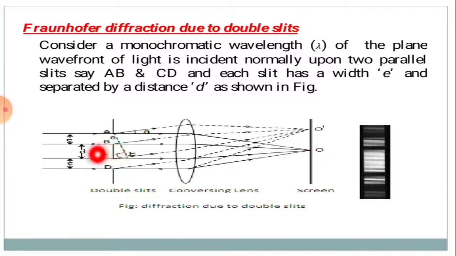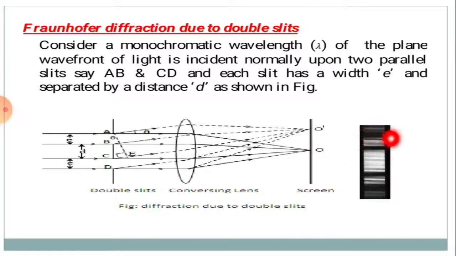The diffraction pattern produced by these two slits contains interference pattern by two slits, and diffraction pattern by single slit. That is, the diffraction at two slits is the combined effect of diffraction as well as interference, like this.